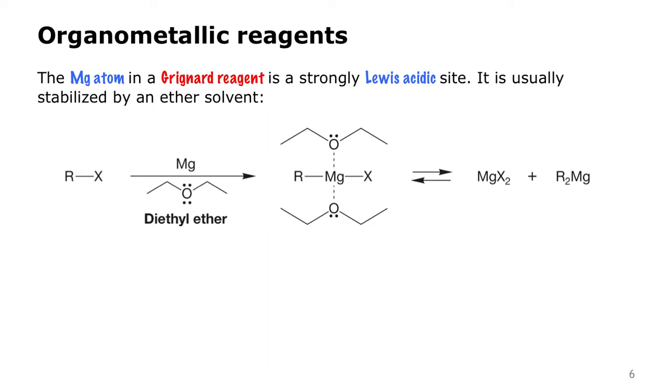What's also known, this is an oversimplification, is that these compounds also exist in equilibrium with the magnesium halide and the dialkyl magnesium. While that's interesting, it's actually not fundamentally important to understanding how they react, so we're going to focus our attention on the structures of these compounds in that form.